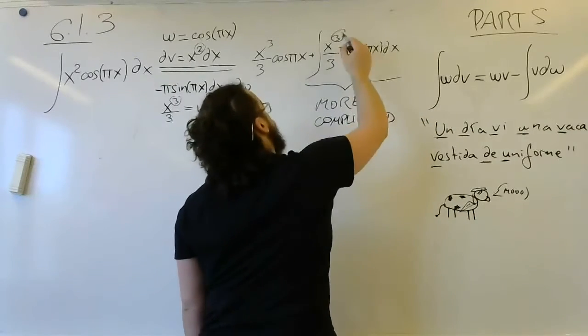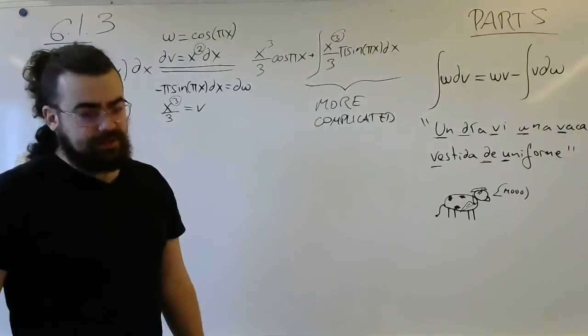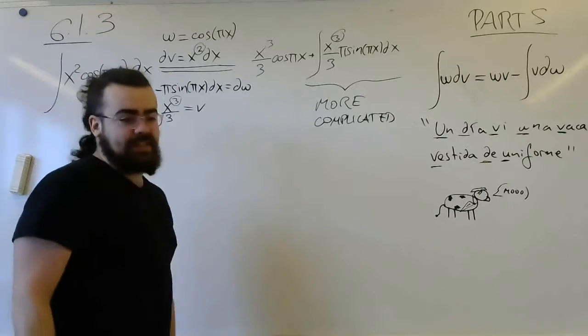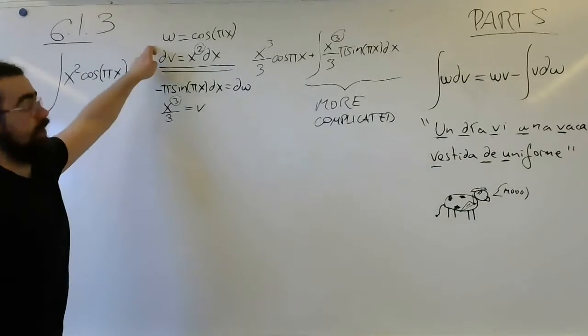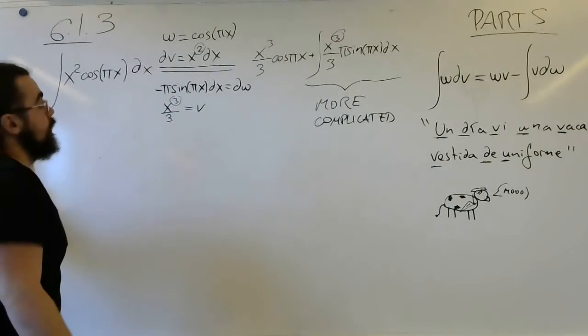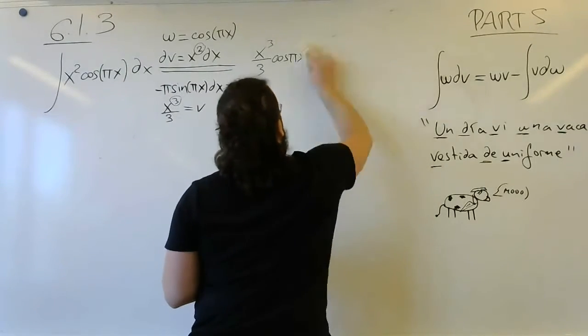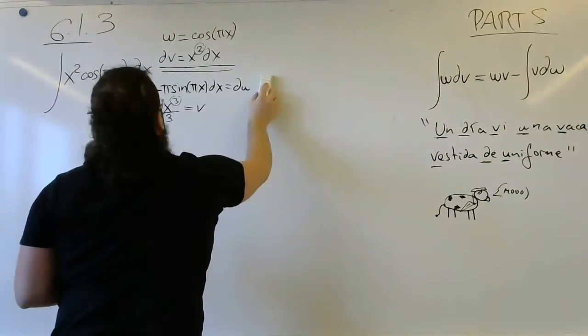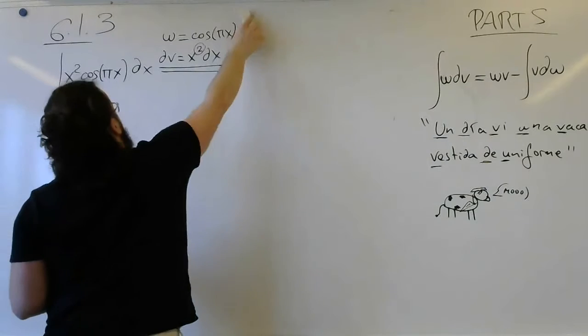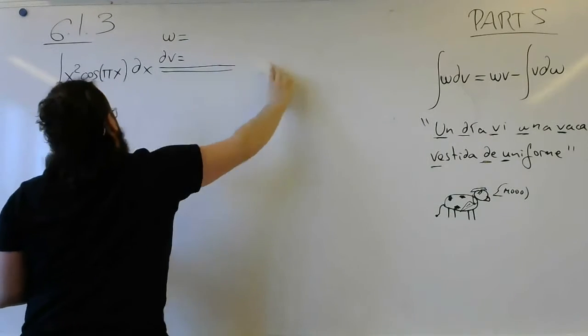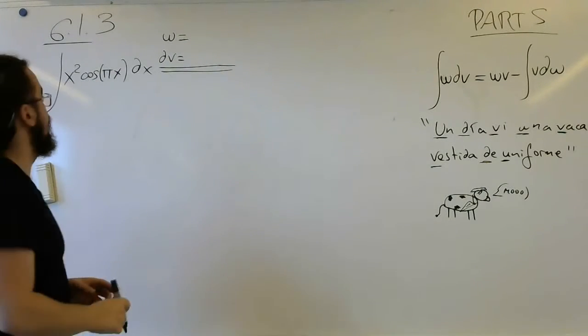Why? Because the degree is larger. What does this suggest? That we have made the wrong choice for v and w. So for future references, w is always the polynomial. And I mean always the polynomial.